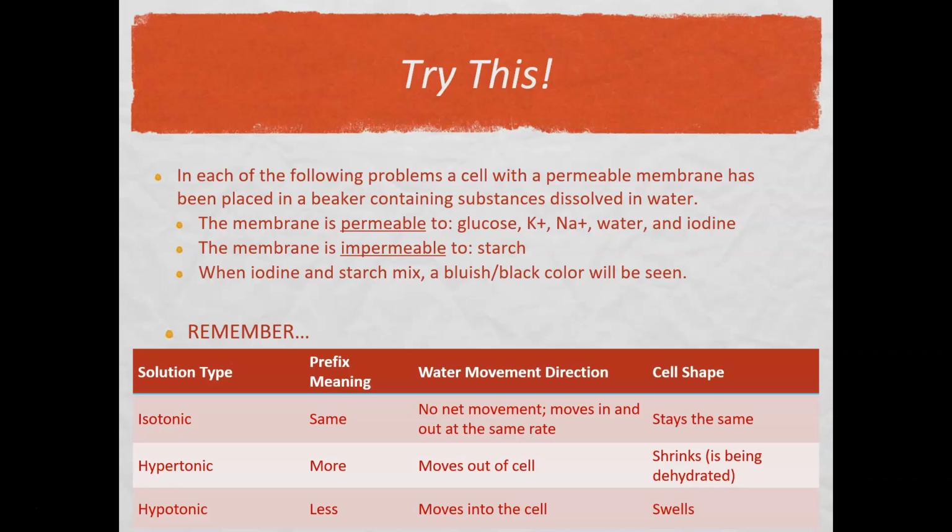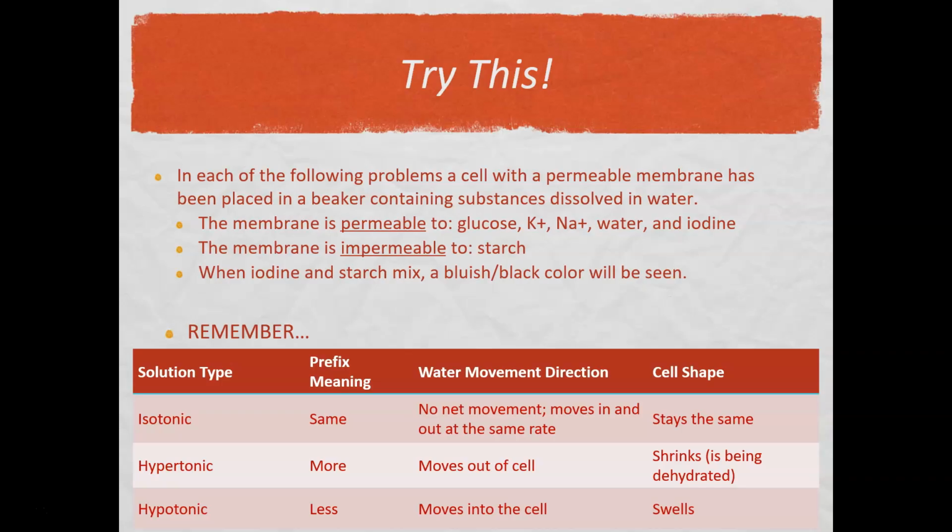Something else to keep in mind as we're working through these problems is what isotonic, hypertonic, and hypotonic actually mean. If we review what we were talking about in the last set of notes, the prefix iso means that things are going to stay the same. So when I look at water movement, there's no net movement, meaning that the water is moving in and moving out at the exact same rate, and so they're basically canceling each other out.